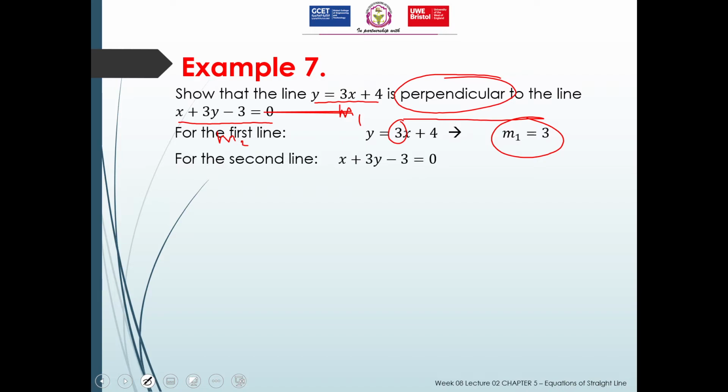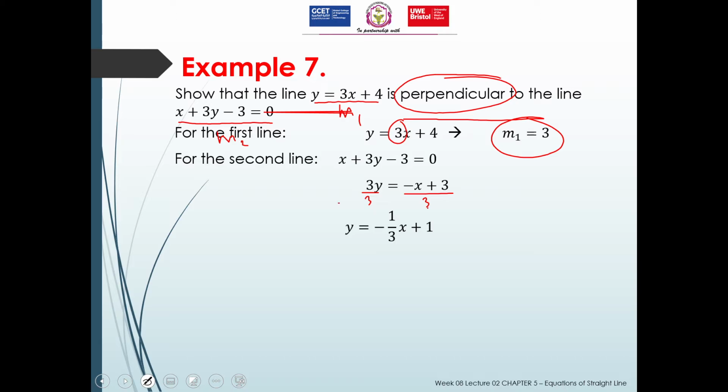To find the gradient of this line, let us first transform it into the standard form. So we get 3y equals, put x to the other side, it becomes -x, -3 to the other side becomes +3. Make the numerical coefficient of y equal to 1 by dividing both sides by 3. We get y equals -1/3 x plus -1.